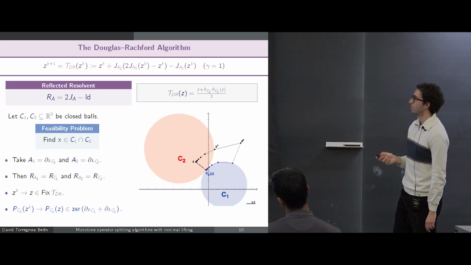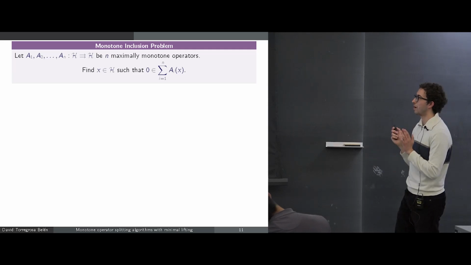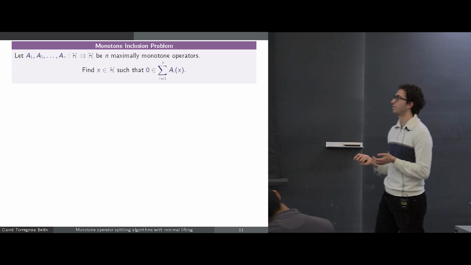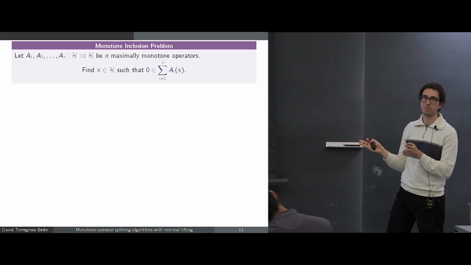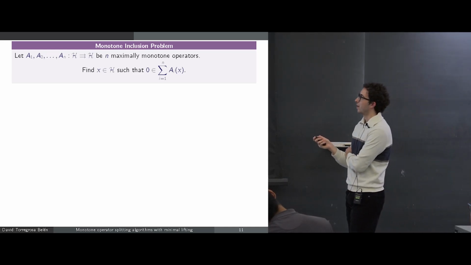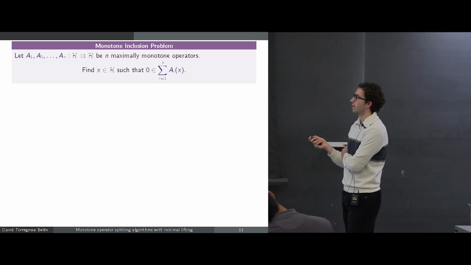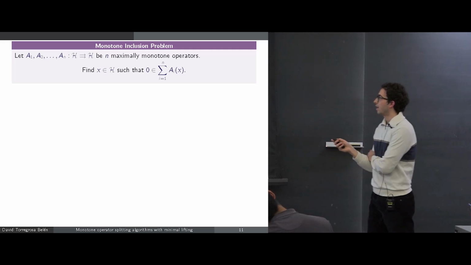Okay, so now let's go with a more complicated problem. What happens if instead of just having two maximally monotone operators, I have n maximally monotone operators, and I want to find a zero of their sum?